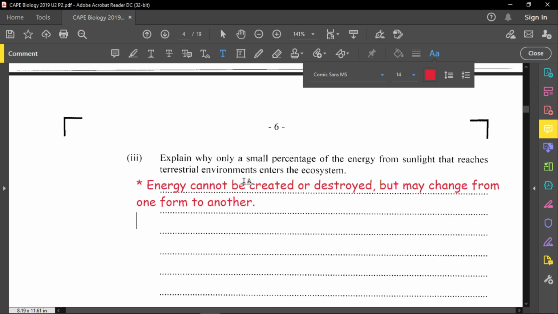Another important point that I need to mention is that the more energy is being transferred, the more waste energy you will get.